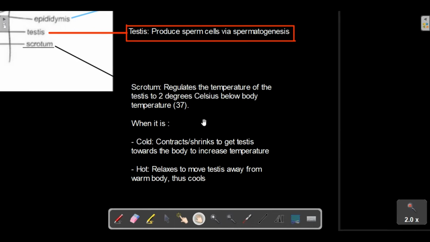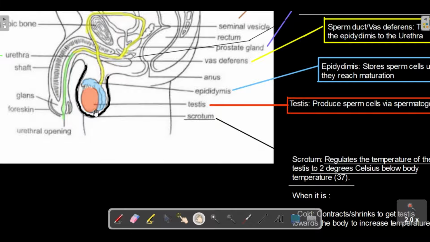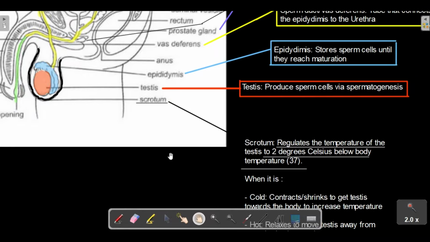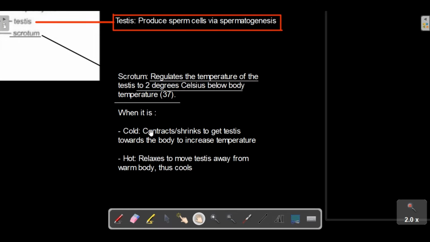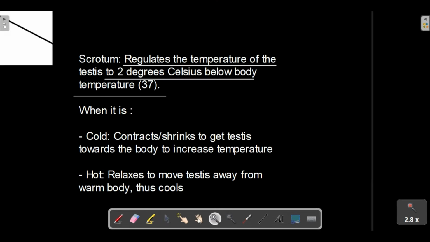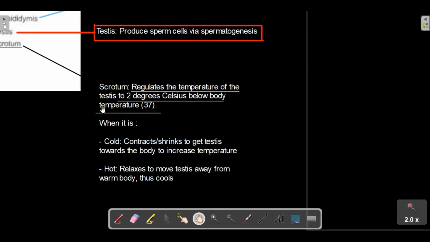So the scrotum really does a job of temperature regulation. So it regulates the temperature of the testes to 2 degrees Celsius below body temperature. So the normal body temperature is 37 degrees Celsius, and so the scrotum has to ensure that the testes are 2 degrees below the body temperature. And so how do they do that? And this could be a 4 marks question, guys, and it's very simple. So one thing we also have to know is that the scrotum is a flexible structure, right?